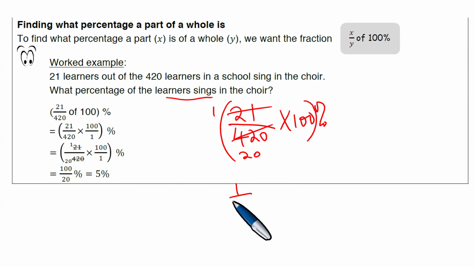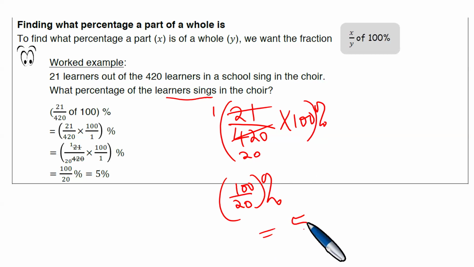So we have 1 out of 20, times 100, with the percentage outside. 20 goes 5 times into 100, which means we have exactly 5%. So what is the percentage of the learners that sing in the choir? It's 5%. Okay, we're good.